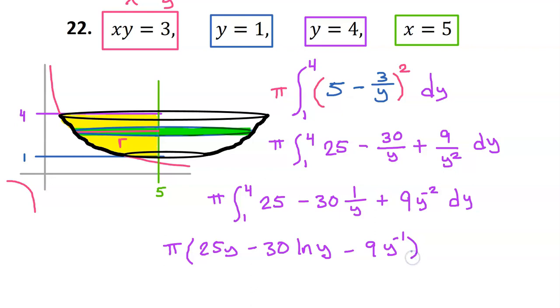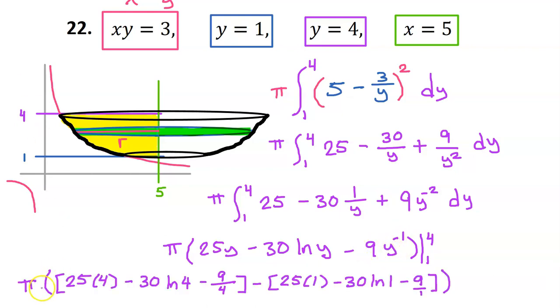Applying the limits of integration, we have 1 and 4, which means that we need to find the value at 4 minus the value at 1. On the next step, I think I will write this as 9 over y. So here's my pi still out in the front, and then I have the value at 4 minus the value at 1.